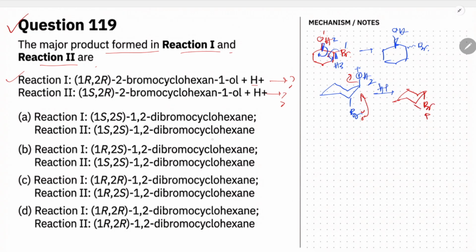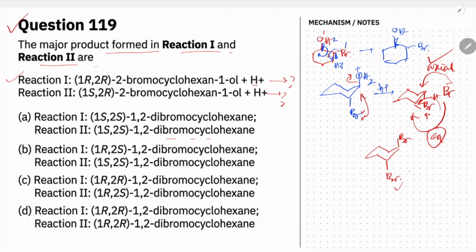Now all the products are dibromocyclohexane, so Br minus has the possibility to attack both carbons. Since this bromine is down, this is an equatorial attack and this is an axial attack. For better understanding, the attack will proceed in that direction. So that's why the axial attack is favored over the equatorial. So the final product will have this bromine and this bromine.